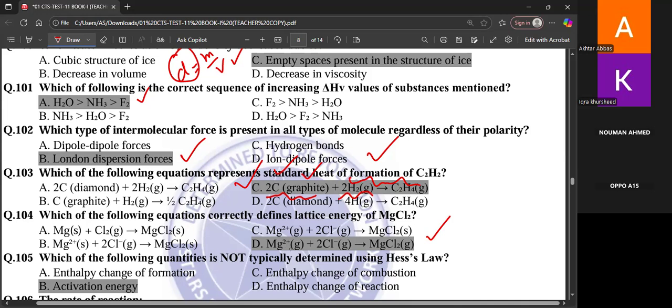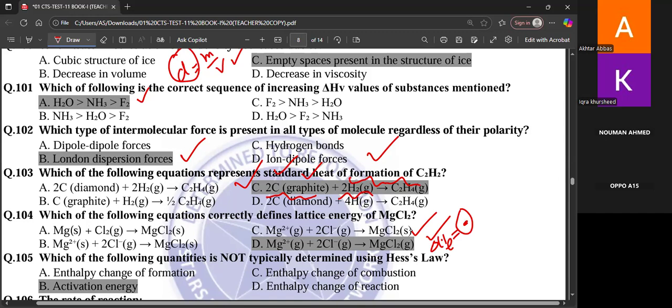Is its ΔH lattice negative or positive? When 1 mole of a substance forms, it is in a stable state and the energy is released, so its ΔH lattice is negative. But if we invert the reaction, the ΔH lattice is positive. When energy is released, the ΔH lattice is negative.